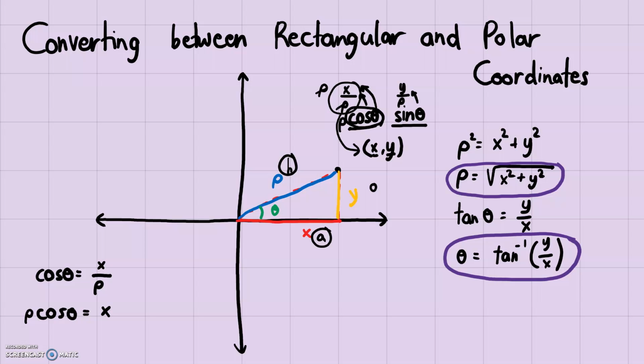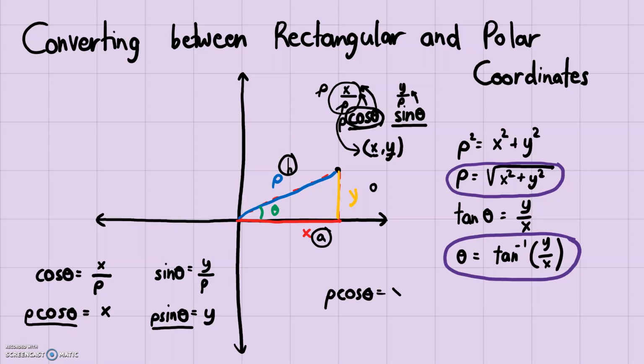And similarly, sine theta equals y over rho. So rho sine theta is going to equal y. So this is the conversion you can use to go from polar to rectangular. So you know rho and theta if you're in polar coordinates.